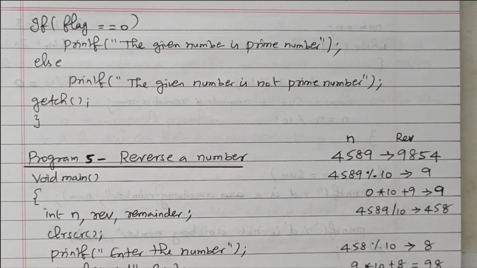If it is not divided by any number, the remainder is never 0. In that case, the flag is equal to 0; what we initially gave, flag equal to 0, is not changed. Thereafter, by checking the flag value, we decide whether the number is prime or not. Flag is 0 means it's a prime number. Flag is 1 means it's not a prime number.